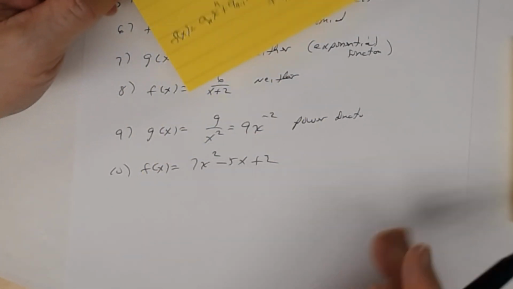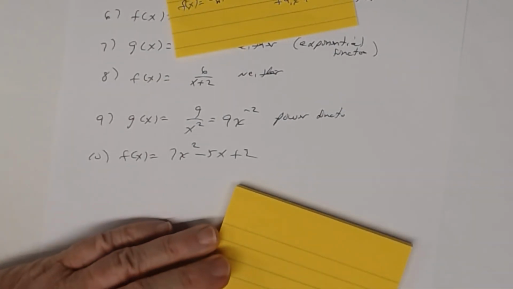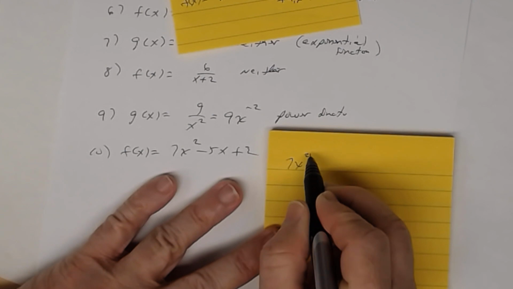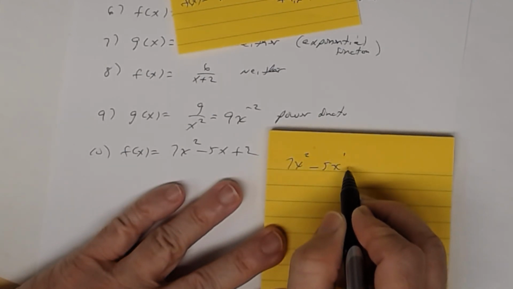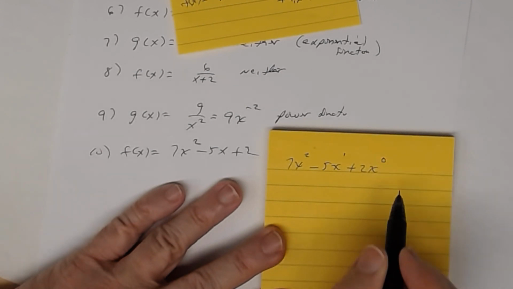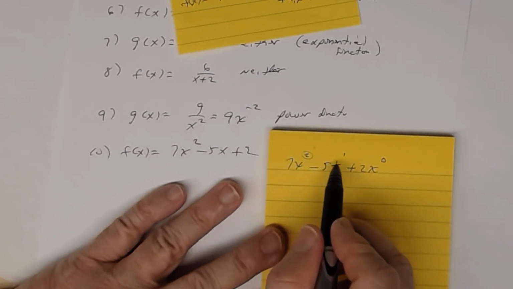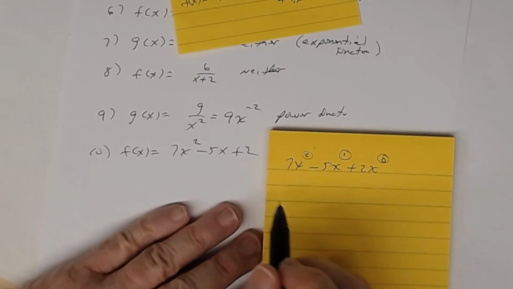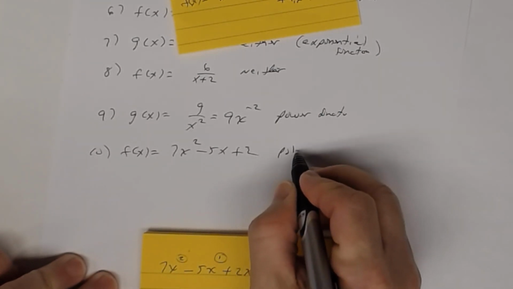So let me go ahead and write it out here. I just want you to see this. So you have 7x squared minus 5x to the first plus 2x to the 0. So notice that in each of my terms, the exponent is a positive integer or 0. So this is a polynomial function. So that's a polynomial function.